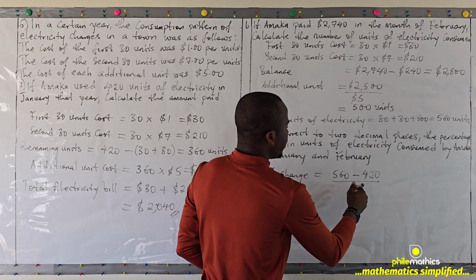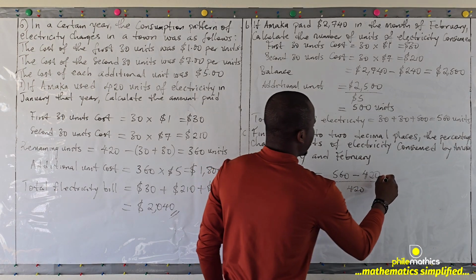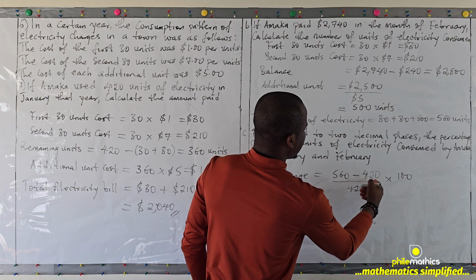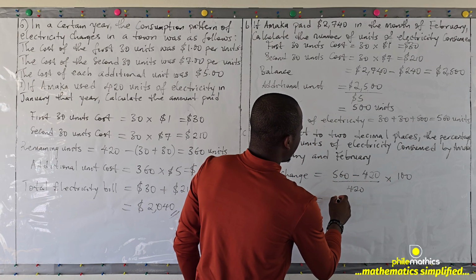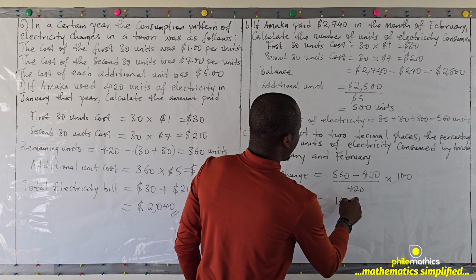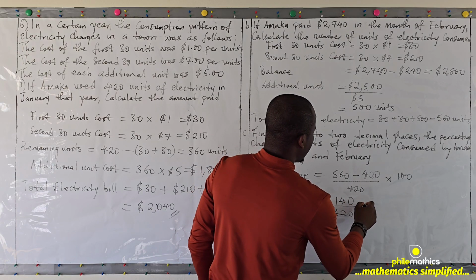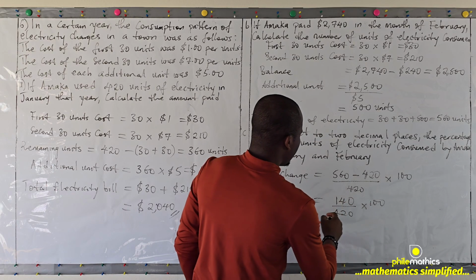So over the initial unit, 420, then times 100. And if we subtract, this is 140 over 420 times 100.